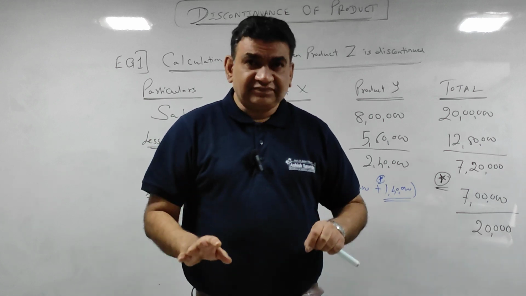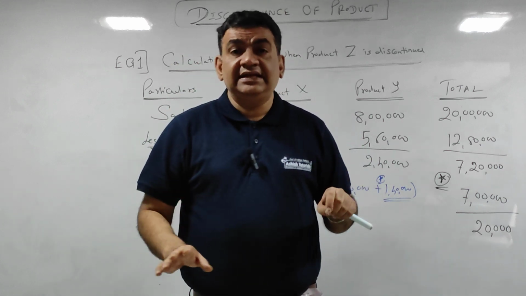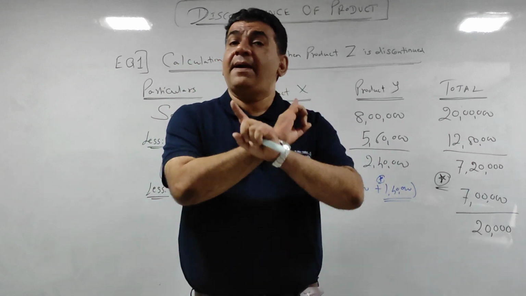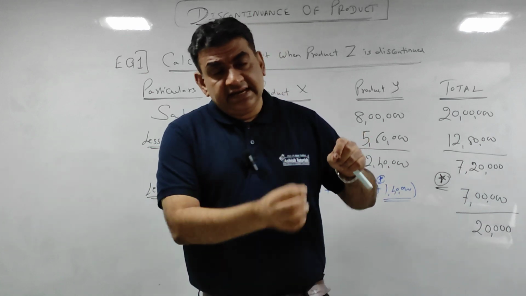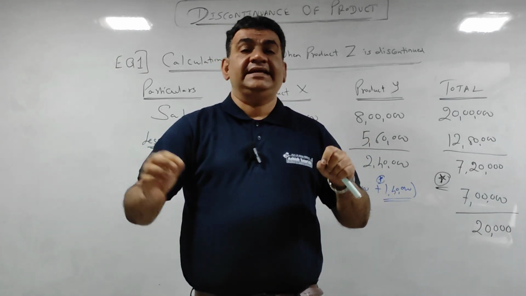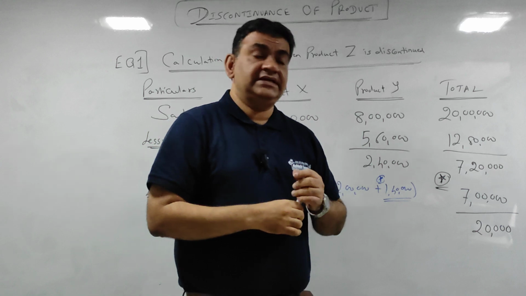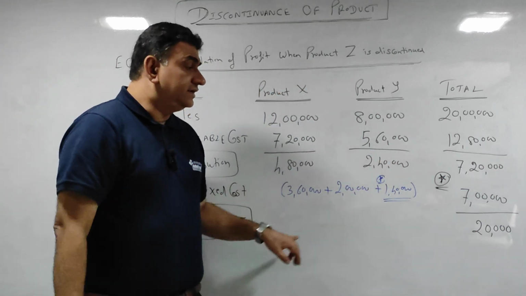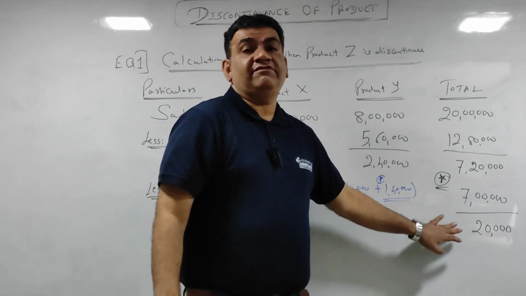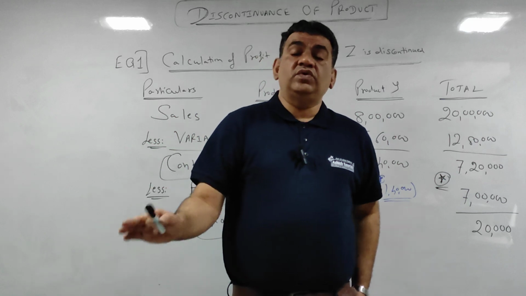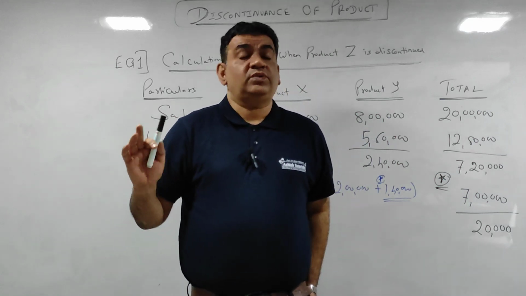So it is advisable not to close Z. Let the production of Z continue as it is and the profit will be higher by 1 lakh. That means the original profit which is given in the question.